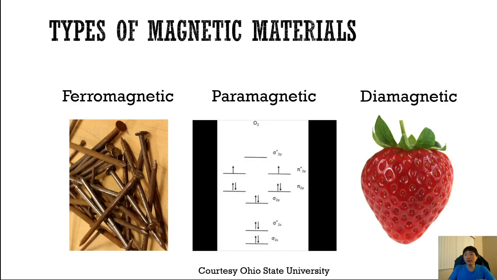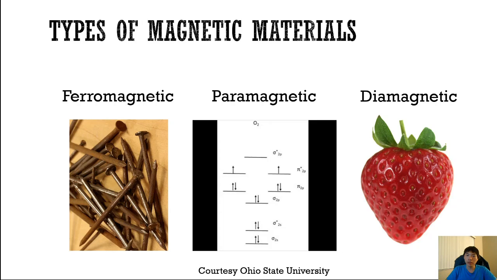Normally in everyday life we think of materials as either magnetic or non-magnetic. The objects that we think are magnetic are mostly ferromagnetic, which are a lot of metal objects. For example, the spoon is ferromagnetic, and so it's strongly attracted to the magnet and sticks to it.